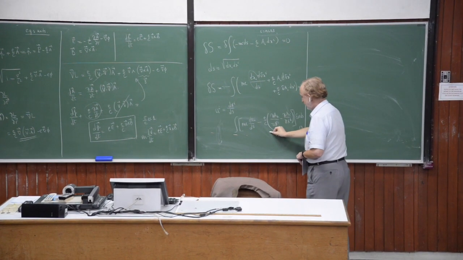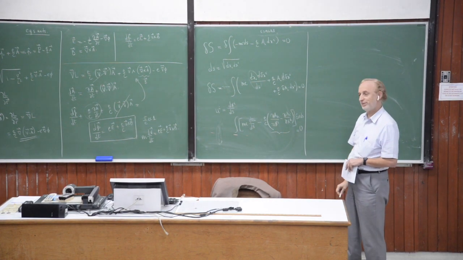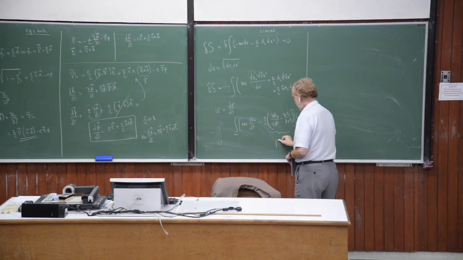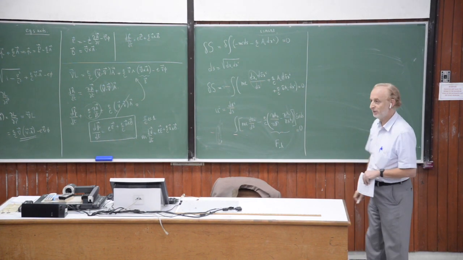So this thing here, we give it a name. This we call the electromagnetic field tensor, F_ik.